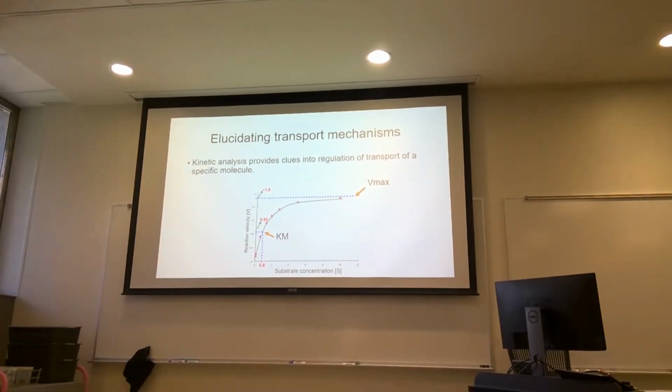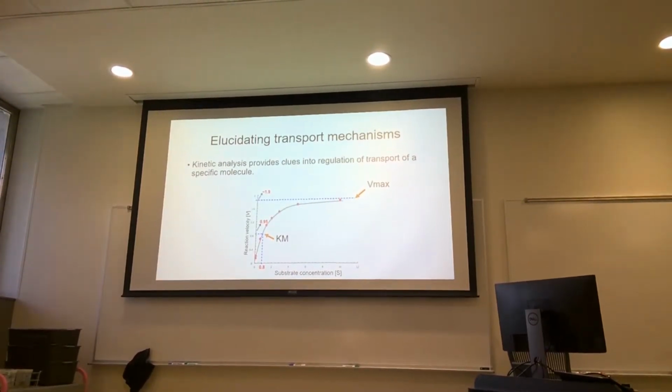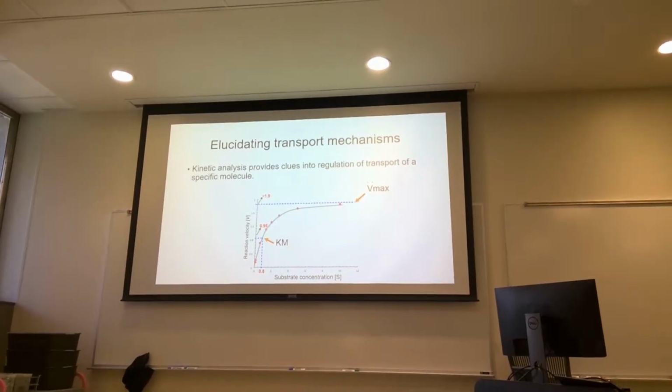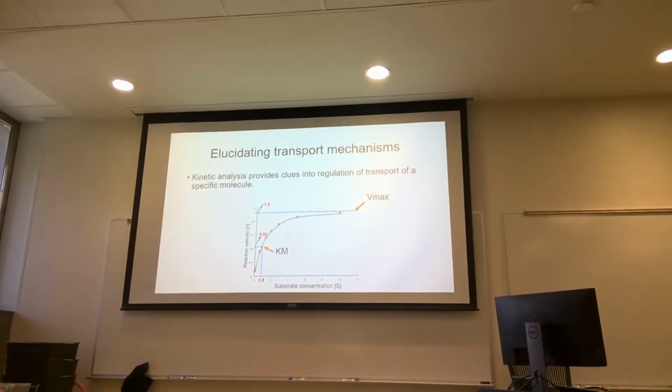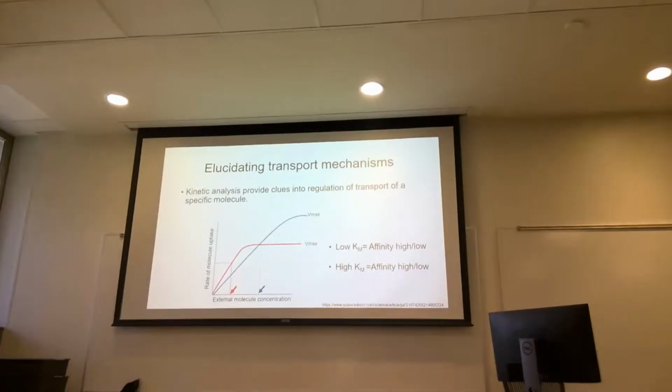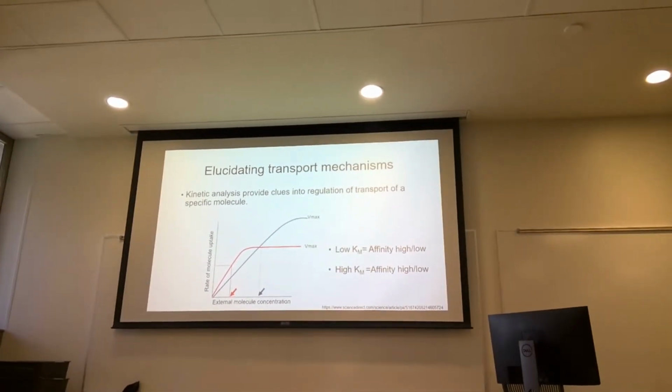What does Km usually tell you? What does it mean in terms of enzyme? Yes. It can be an indicator of substrate affinity. It is an indicator of affinity, right? So basically, let's see if you can remember this.